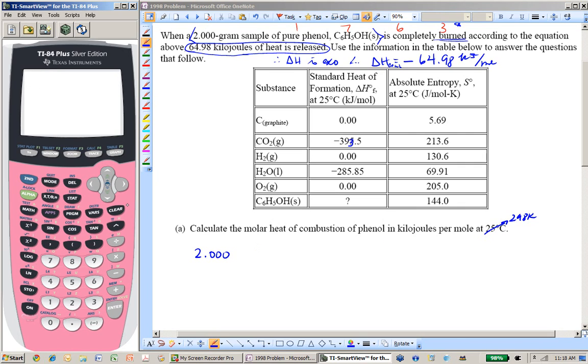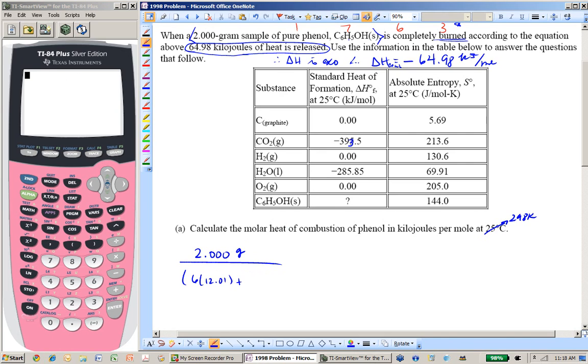So, molar mass is going to come out in grams per mole, and it's going to be 6 times 12.01 plus, I've got 6 total hydrogens. See them? 5 there, 1 there. 6 times 1.01 plus 16.00, if you must. All right. Equals.